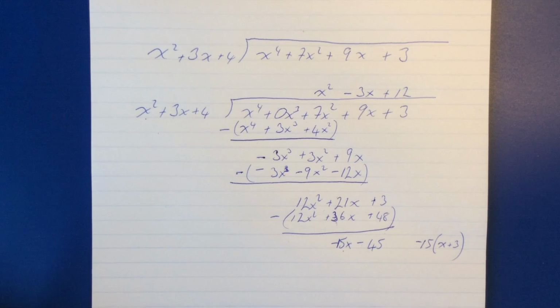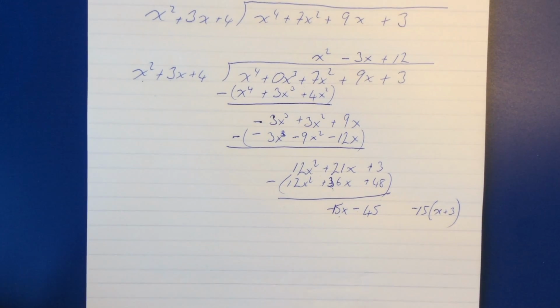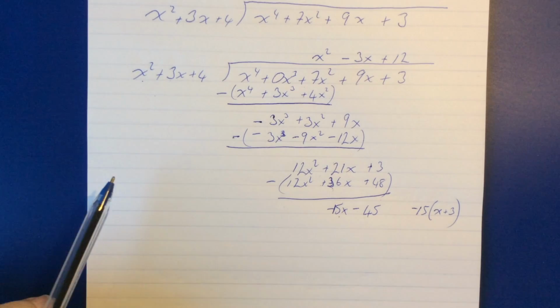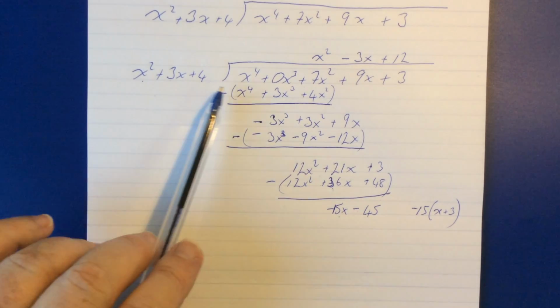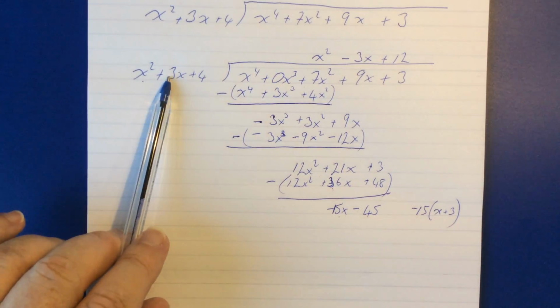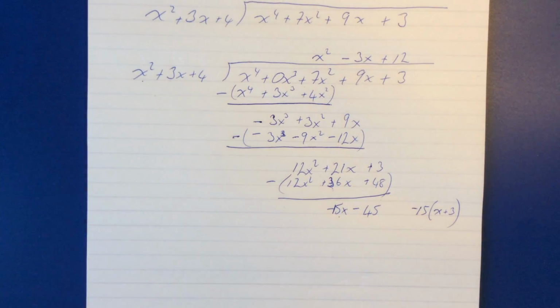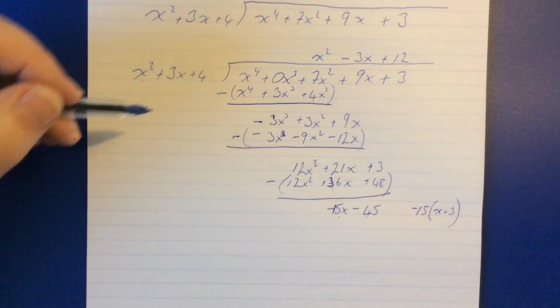What we're looking for is some sort of a result, something that we can write down to say that when you divide this by this, you get this expression. So what is this expression? Well, let's go to work.